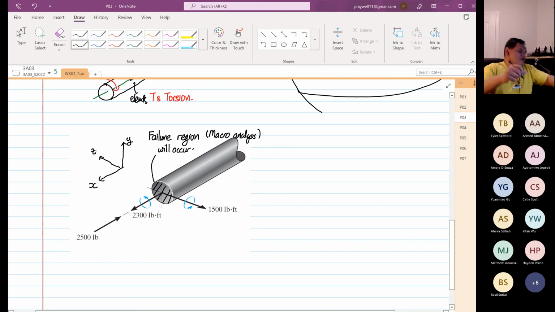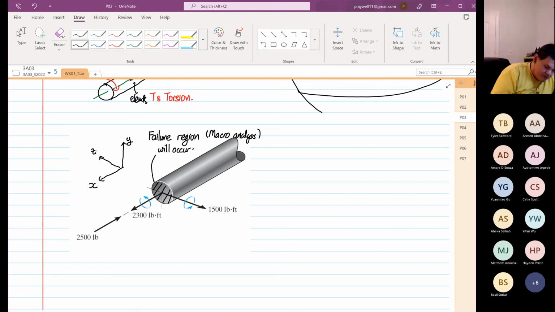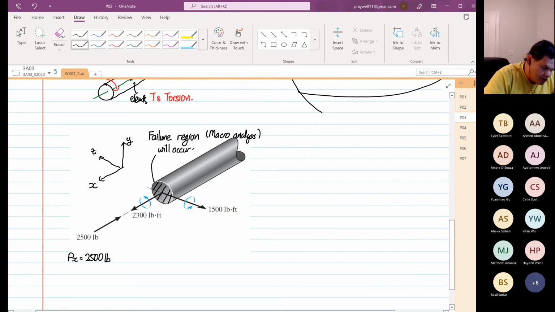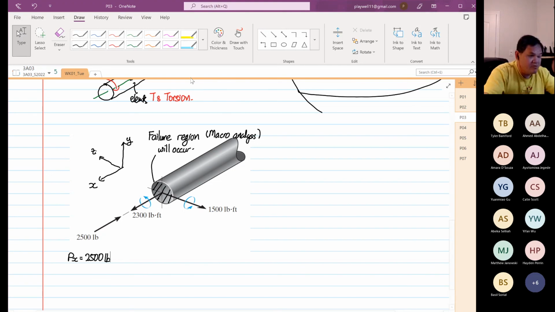We know that the cross section is the most critical. So I'm going to call this PX, equal to 2,500 pounds. Before we go on, we have to determine where the centroid is.